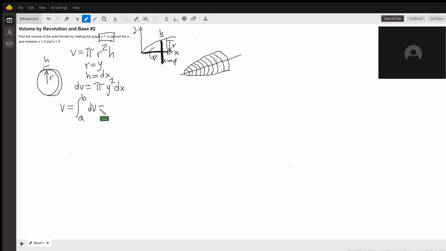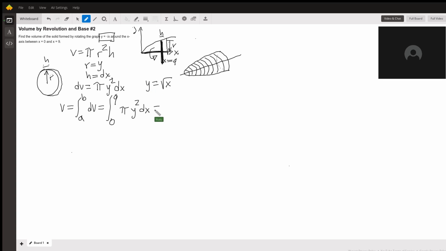In this case we have the integral from 0 to 9 of pi y squared dx, where y is our expression, square root of x.